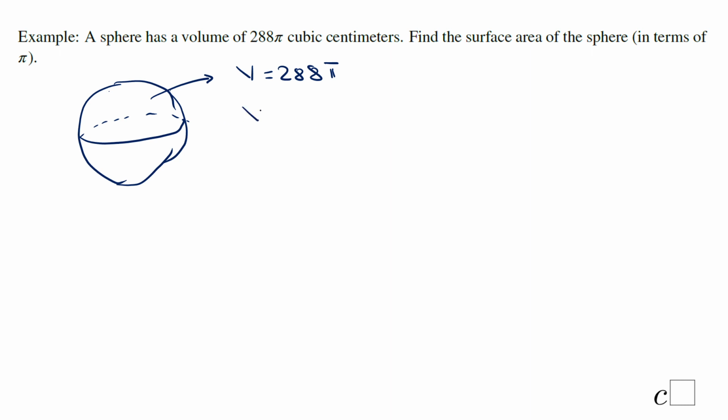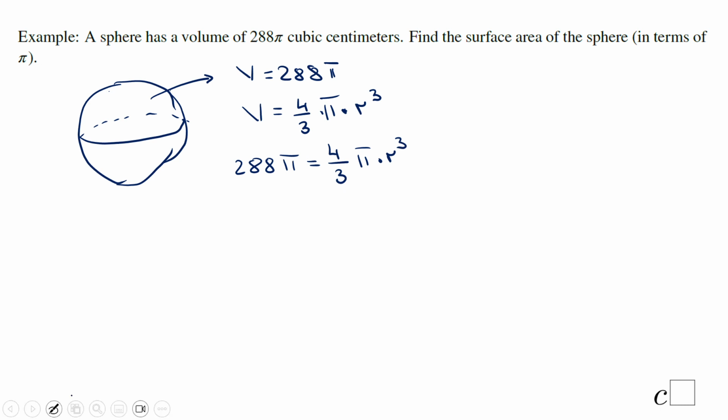If you remember, the volume is 4 over 3 times pi times r cubed. In this formula, I'm going to replace the volume with 288 pi, and I want to solve first for r cubed. My final goal is to solve and find r. The first thing you can do is to simplify this pi.